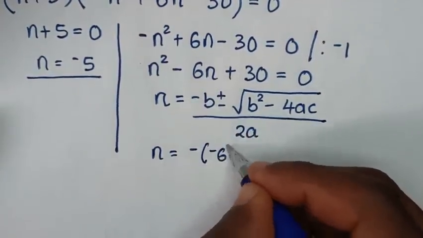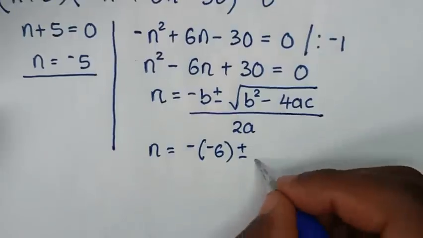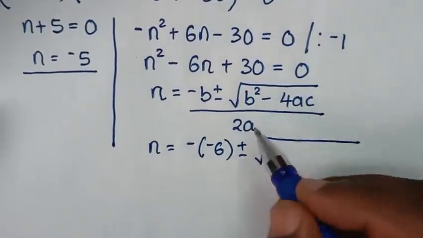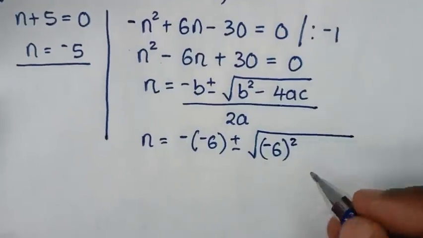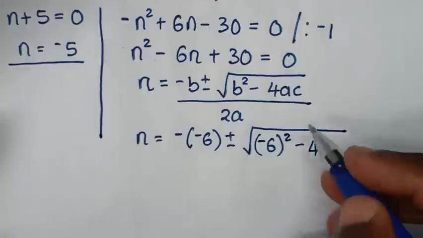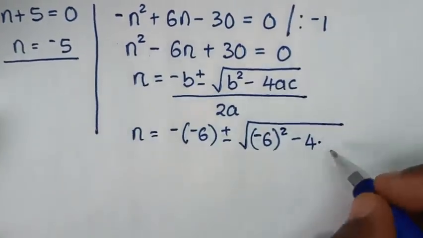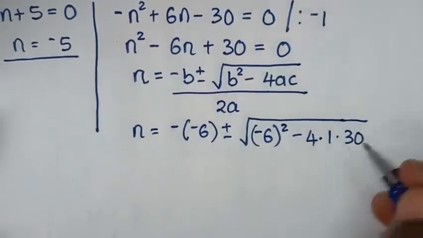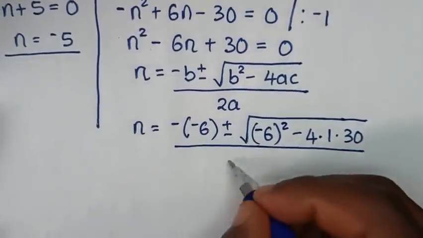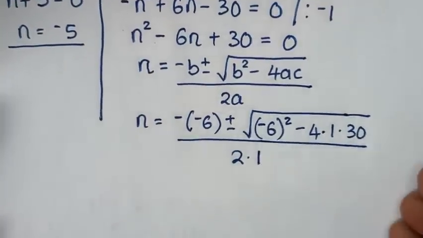So bracket negative 6, plus or minus the square root of b squared, which is negative 6 bracket squared, then minus 4 times a, which is 1, times c, which is 30, then over 2 times a, which is 1.